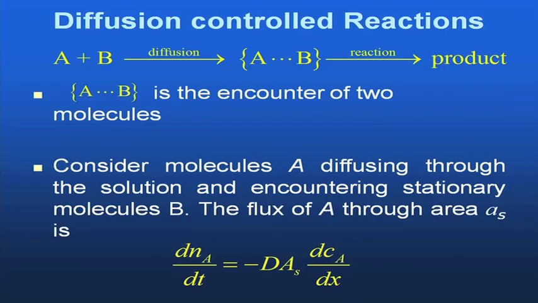So what is happening actually? Consider molecule A diffusing through the solution, and it is encountering, say, a stationary B molecule. So it is like a collision between two gas molecules.